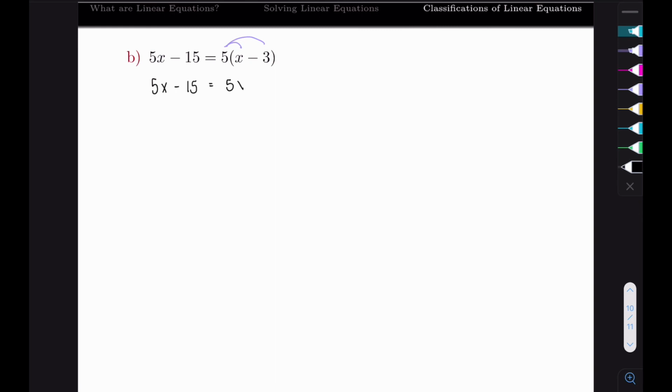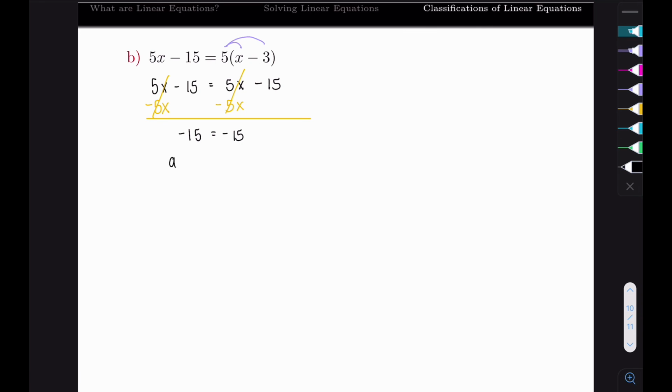We get 5 times x, and then 5 times -3 is -15. So if I go ahead and subtract the 5x from both sides, same thing happens again. The 5x's cancel, but now the statement we're left with is -15 equals -15.